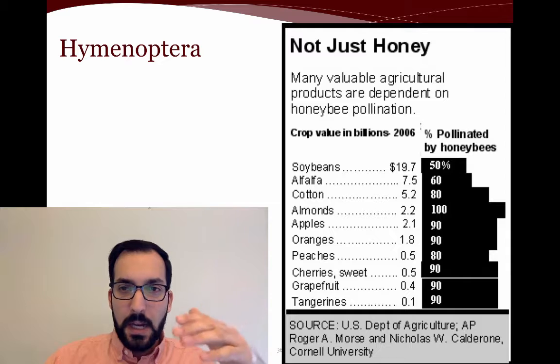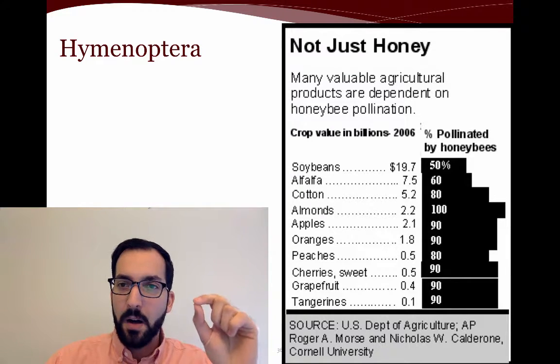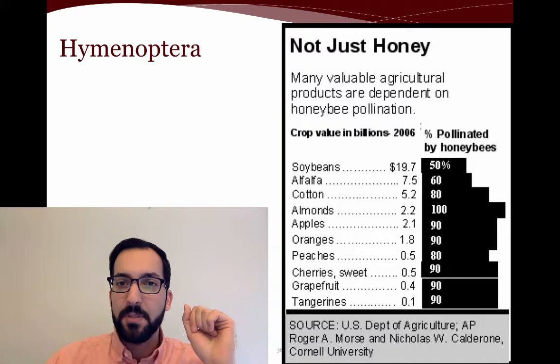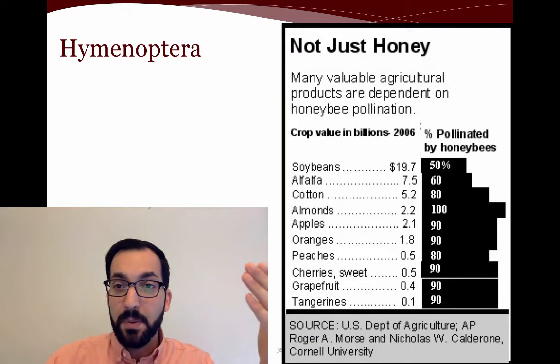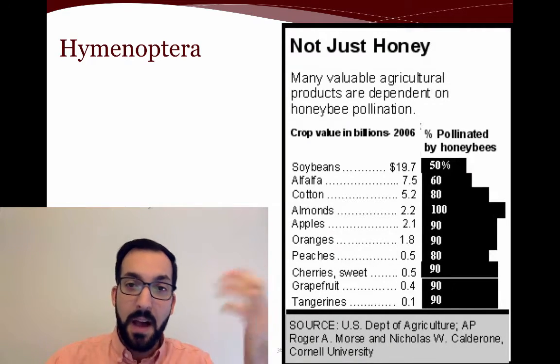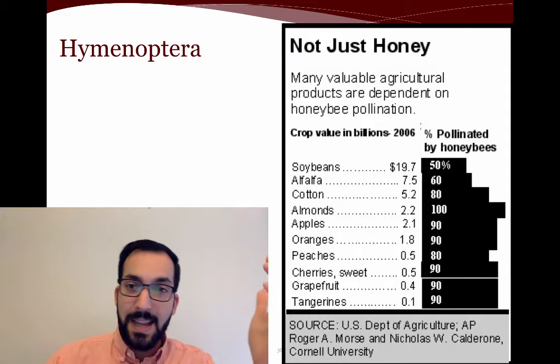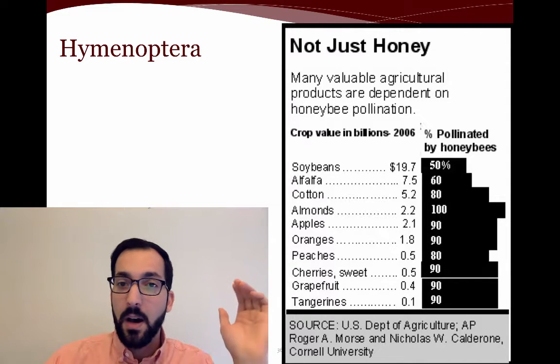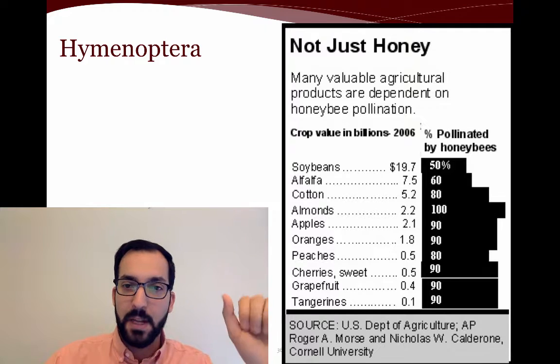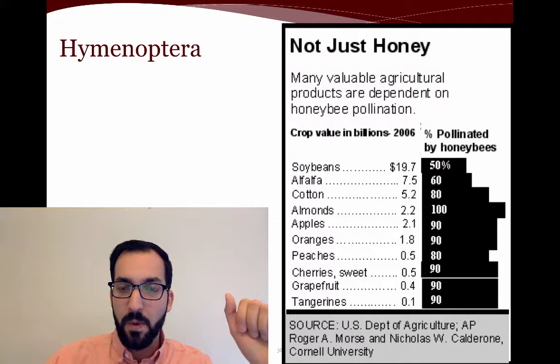So see here on the far right side is the percent pollinated by honeybees of different crops. For soybeans, it's 50% pollinated by honeybees. Alfalfa, 60%. Cotton, 80%. Almonds, 100%. Apples, 90%. Oranges, 90%. And so on and so forth.